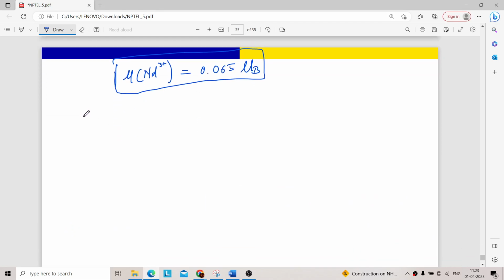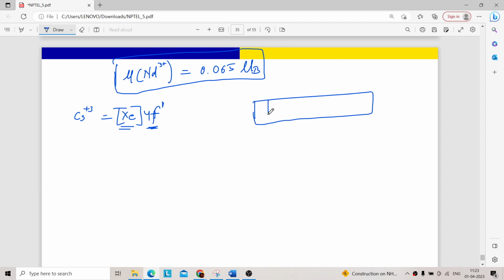So for cesium 3+, we have the electronic configuration as the xenon configuration, xenon arrangement, and apart from that, one electron is there in the F shell. So there are 7 suborbitals in the F shell: 1, 2, 3, 4, 5, 6, 7.